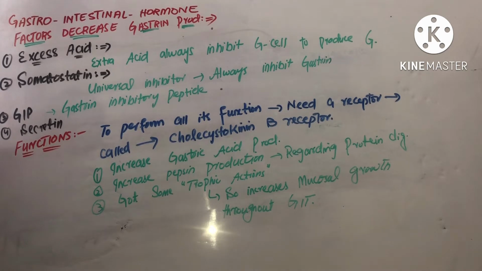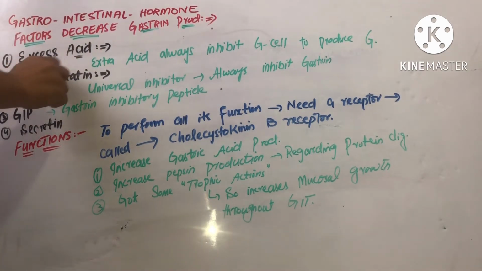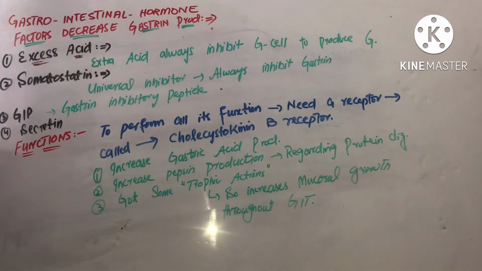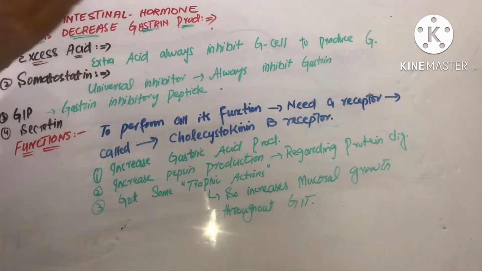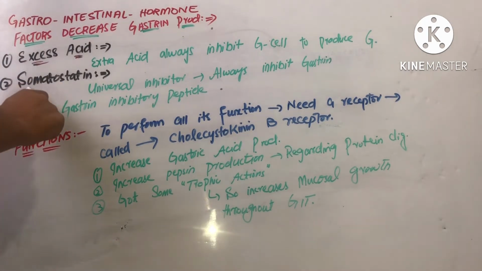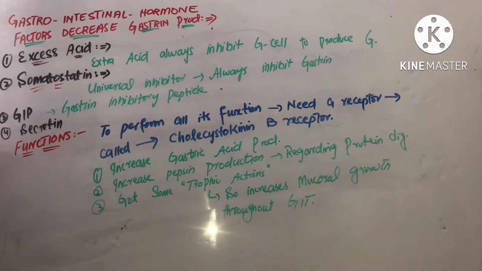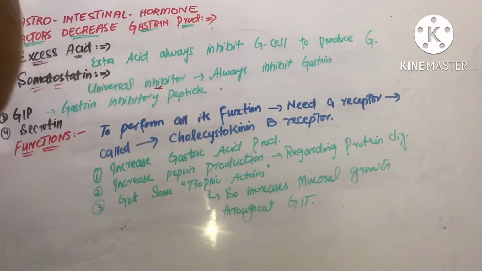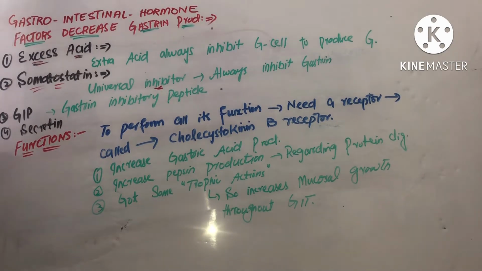Now we will discuss the factors that decrease gastrin production. Among them, number first is excess acid. Excess acid always inhibits the G cell from producing gastrin. Number second is somatostatin. We all know that somatostatin is a universal inhibitor, so it always inhibits the G cell from producing gastrin.